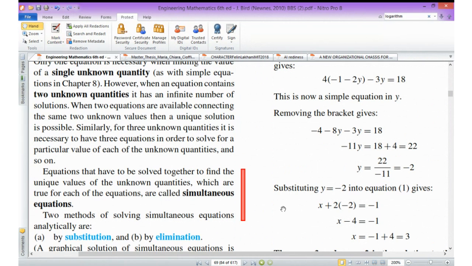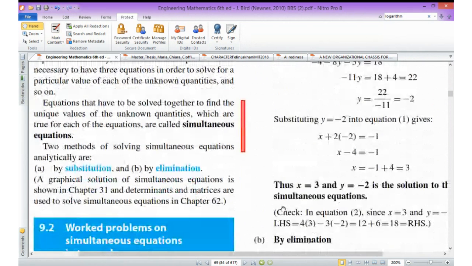We can do substitution or we can do elimination. The graphical method is also an option that you can use to solve such simultaneous equations. We're going to look at the first two methods, substitution and elimination.